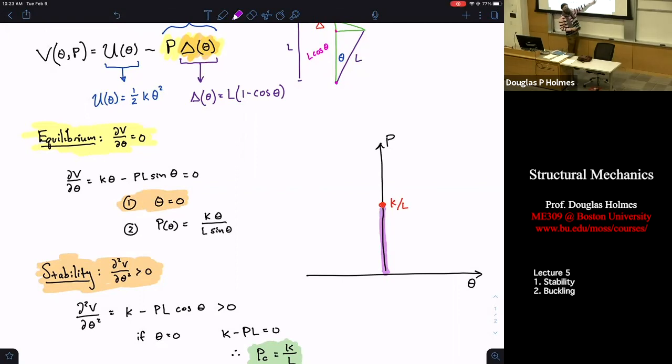So this purple bar here is stable, right? Because this quantity is greater than 0 as long as this P is less than this load.